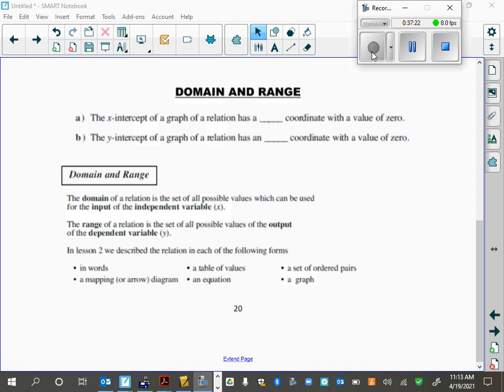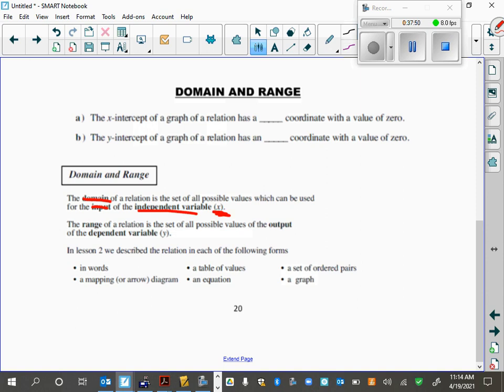We kind of briefly touched on domain. Domain is all the possible values of the input, or the independent variable.